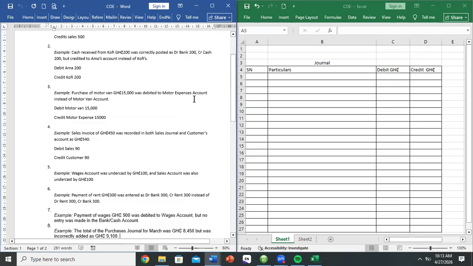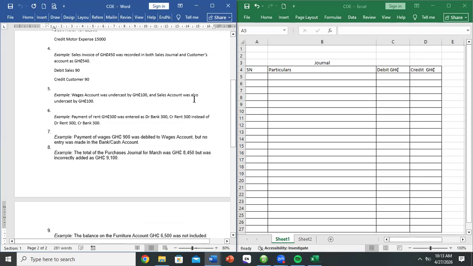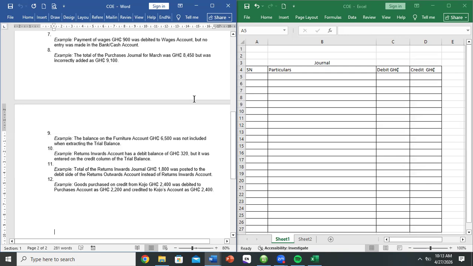So today we are continuing with the 7. The first 6 were the errors that do not affect the agreement of the trial balance. You saw error of principle, error of omission, and all those types of errors. Today's will be more about the errors that affect the agreement of the trial balance.